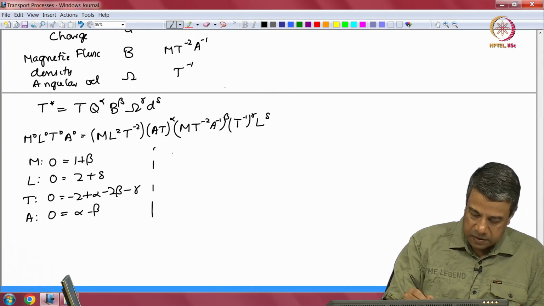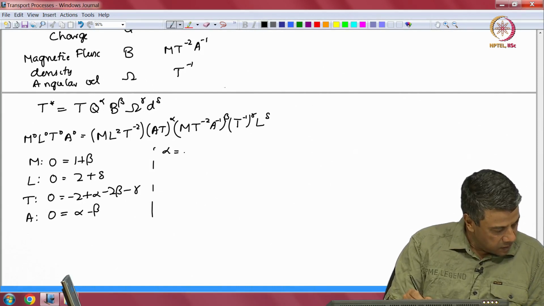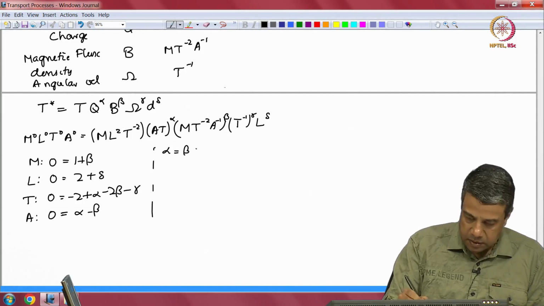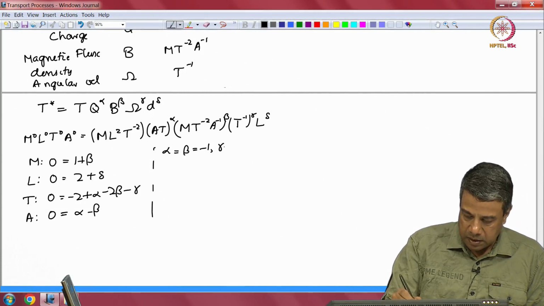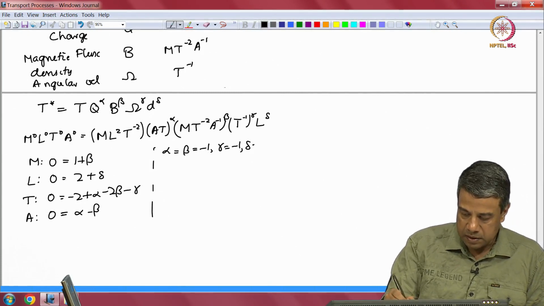And you can solve these to get alpha is equal to beta is equal to minus 1, gamma is equal to minus 1 and delta is equal to minus 2.